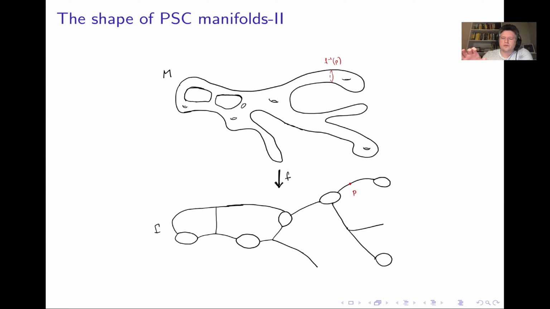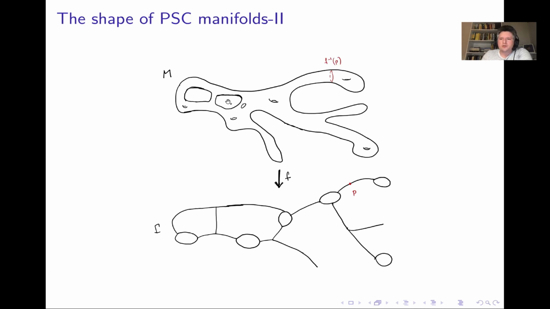So there is one direction where I can decrease the area, but essentially that's the only direction. That's why we say index 1. Then from the lower bound on scalar curvature, you do have geometric smallness of those surfaces.